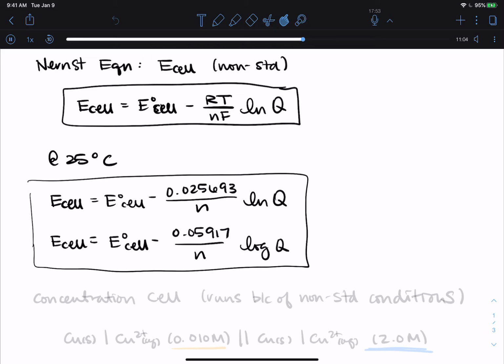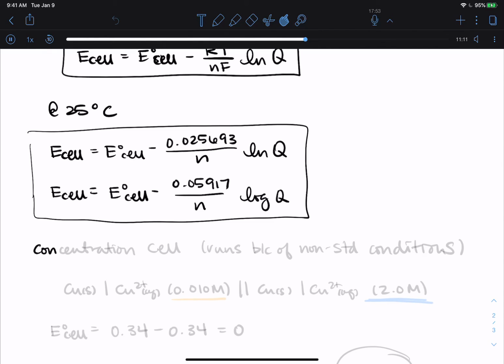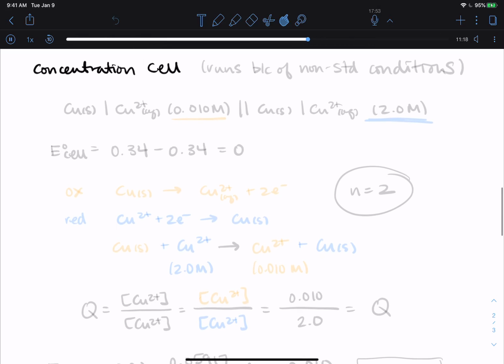So the example that we're going to look at for non-standard conditions is something called a concentration cell. And the only reason that this electrochemical cell will run is because of non-standard conditions. So what I'm going to give you is the cell notation for this concentration cell.